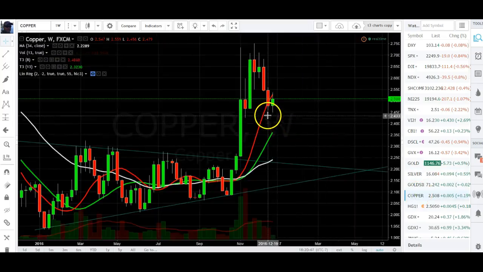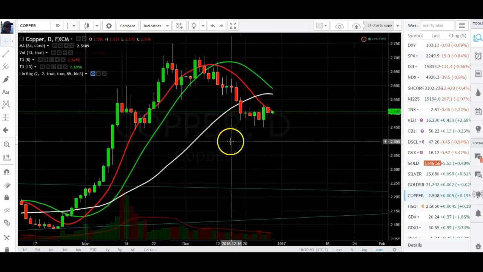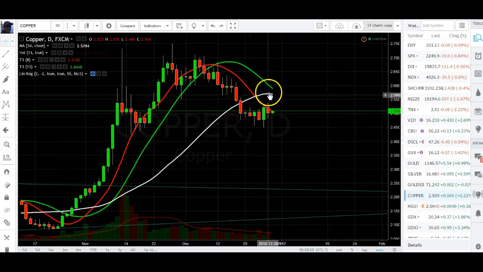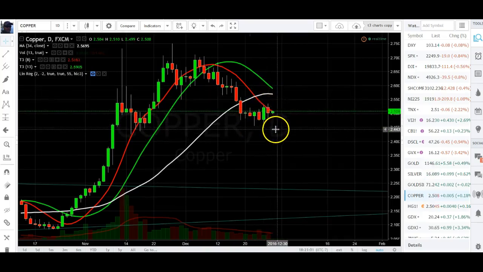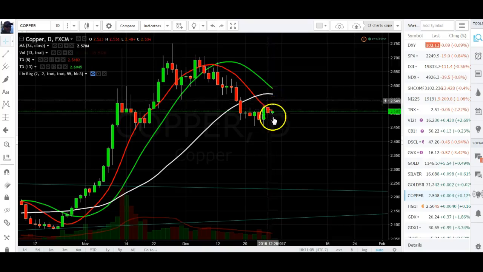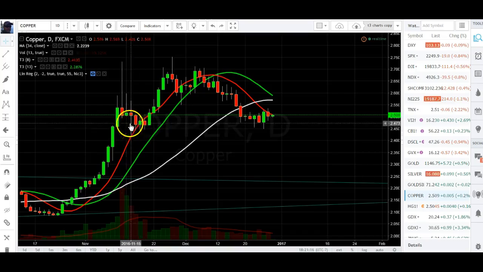Copper, can we get a bounce? It is taking out that hammer there. But is this a bearish retracement? Can't be for sure yet. We need to close above the EMA 8, build, close above the 34 to continue the trend, but it bounced off the previous lows.